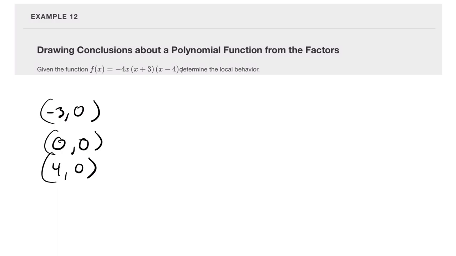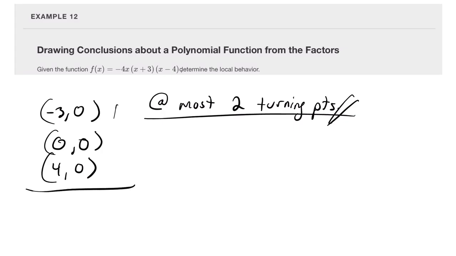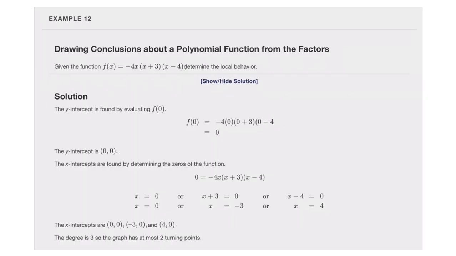So that means we have at most 2 turning points. And then the y-intercept is the origin. So the x-intercepts are the origin, negative 3, 0, and 4, 0. The degree is 3, so the graph has at most 2 turning points.